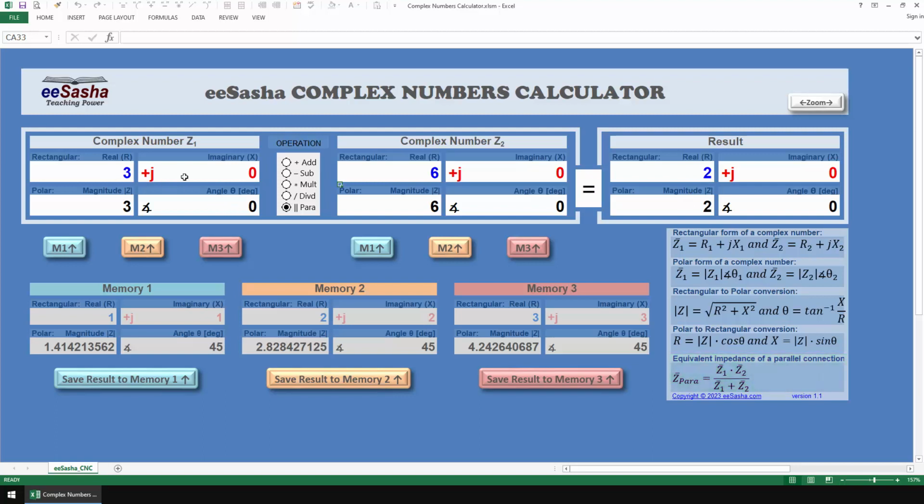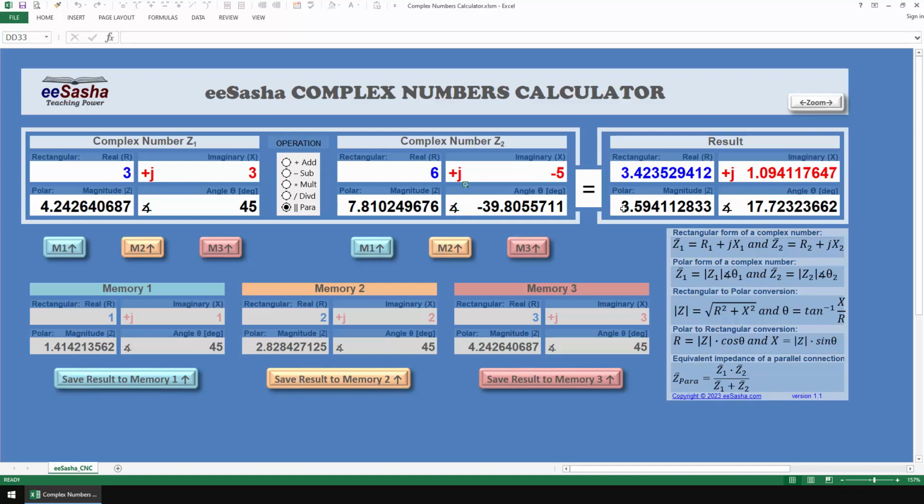I can have impedance 3 plus 3 ohms, I can have impedance 6 minus 5 ohms, and their parallel connection will have an equivalent impedance of 3 point something plus j 1 point something ohms. Let's say I need this result for further calculations, and because it has so many decimal figures, it is hard to remember or even write it down.